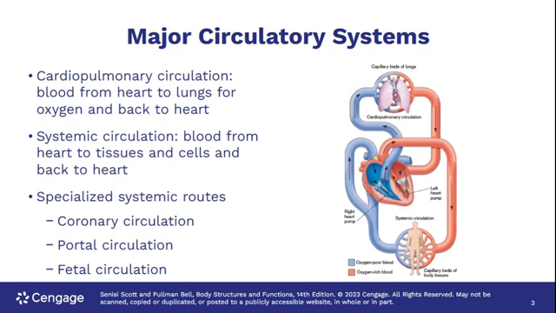It feeds the myocardium. And portal circulation, which is blood from organs of digestion to the liver via the portal vein. And then there's fetal circulation, which pregnant women have when they carry unborn babies. It's very different from babies outside the body. So we'll be going through that too.